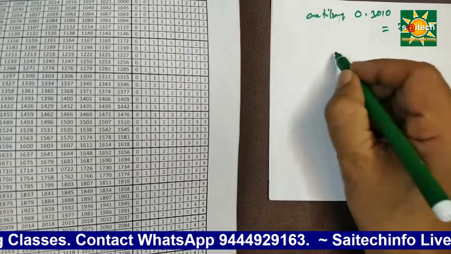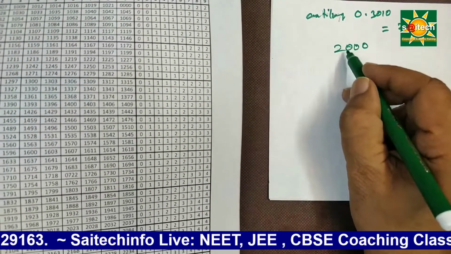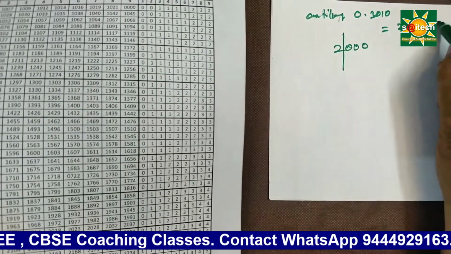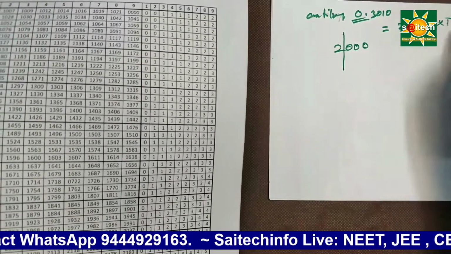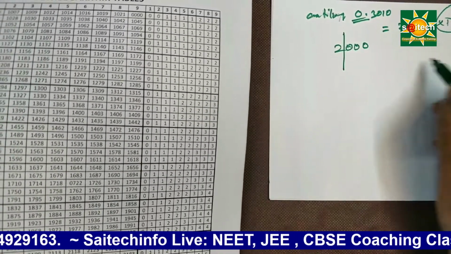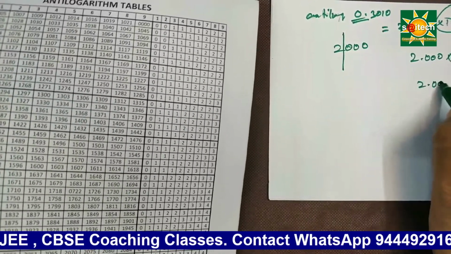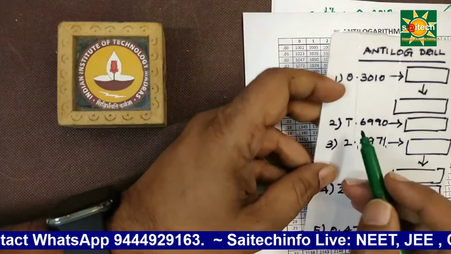You have to take the value 2000 and plus 0 mean difference. So 2000 means take one digit 2.00 into 10 power. Whatever the value you have here should be written as 10th power. We know already 10 power 0 is equal to 1. So 2.00 into 1, that is 2.000. That's all. Okay.